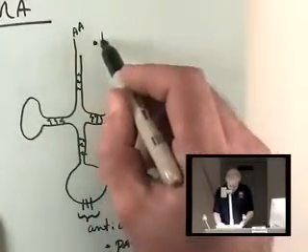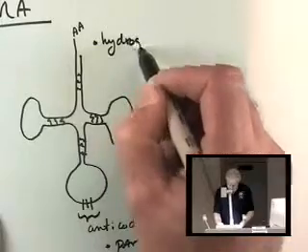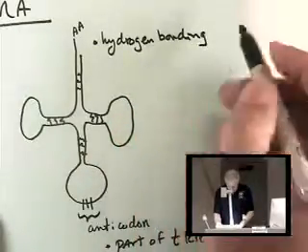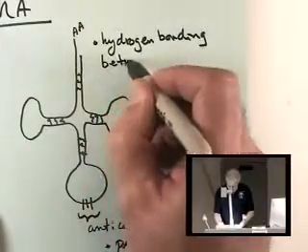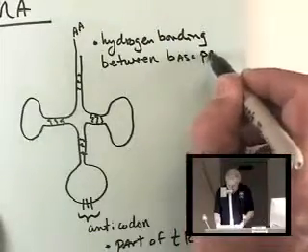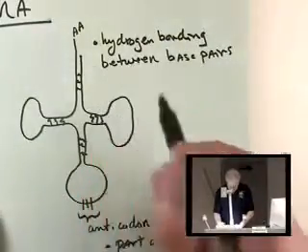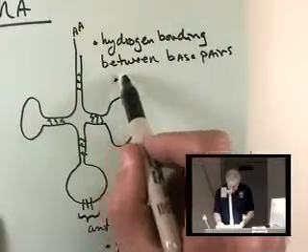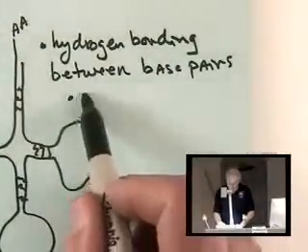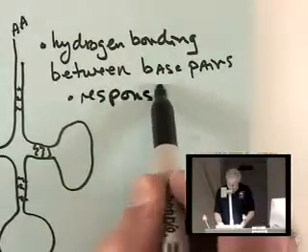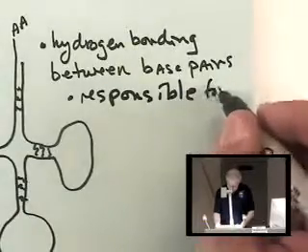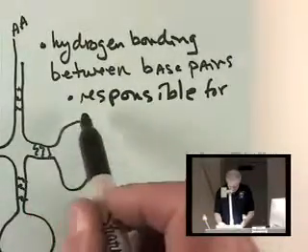So the hydrogen bonding in those locations is between base pairs within the molecule, and they are responsible for maintaining the shape of the tRNA molecule.